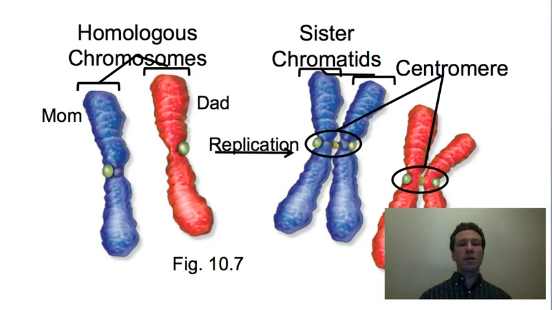So in this diagram, we are going to start thinking about what happens when chromosomes replicate. And what we have here on the left is the typical condition. This is when DNA replication has not happened yet. So we have chromosomes from mom, in this case in blue, and chromosomes from dad, in this case in red.